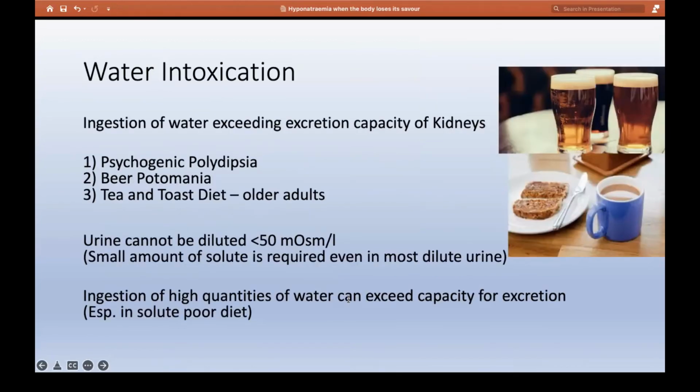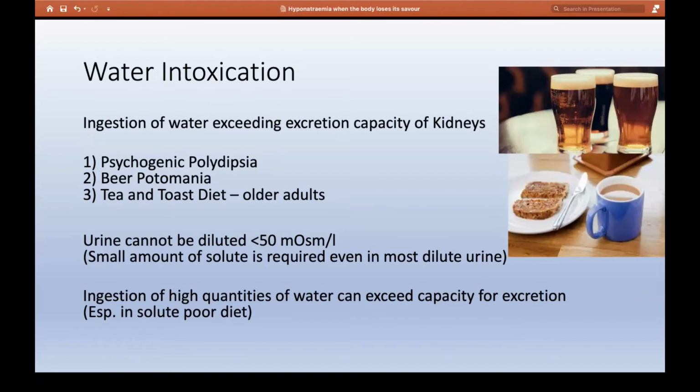There are some people who have water intoxication. Who are these people? Those who ingest water in excess of the capacity of the kidneys, which occurs in psychogenic polydipsia, where there is more and more water drinking because of psychiatric manifestation. People can have beer potomania, people who drink more and more beer, or in older adults, a tea and toast diet.